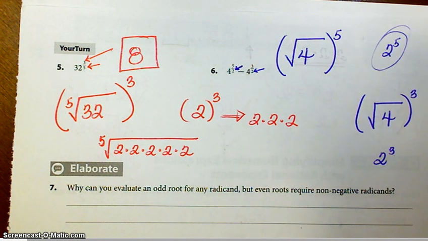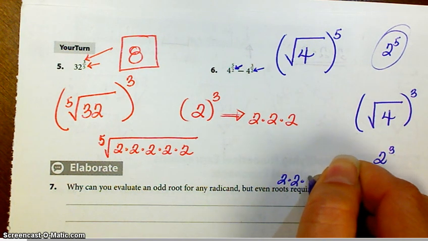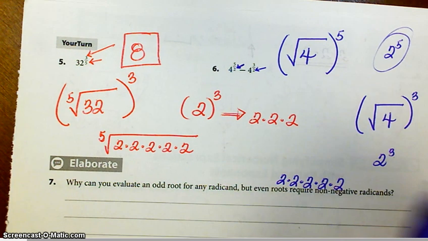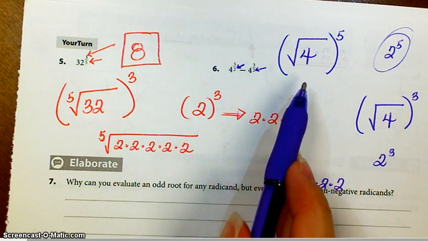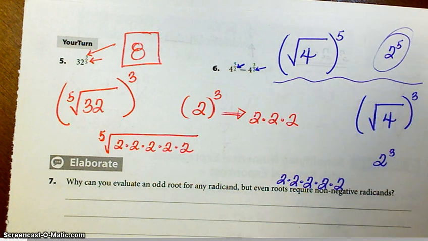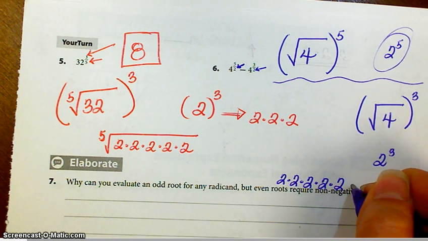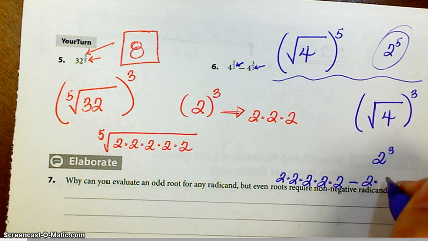All right, 2 to the 5th is 2 times 2 times 2 times 2 times 2. And then this one winds up being 2 to the 3rd, which is 2 times 2 times 2.